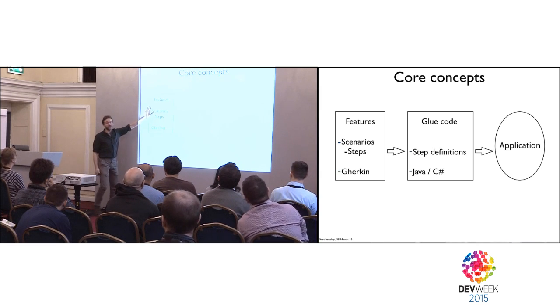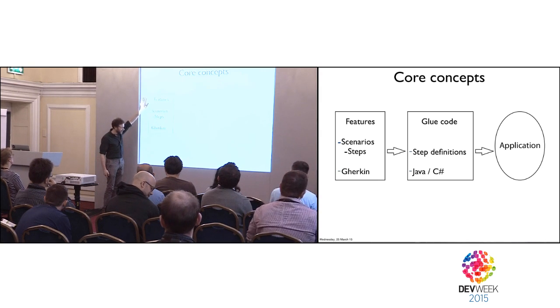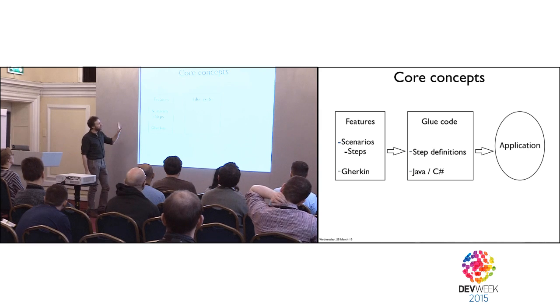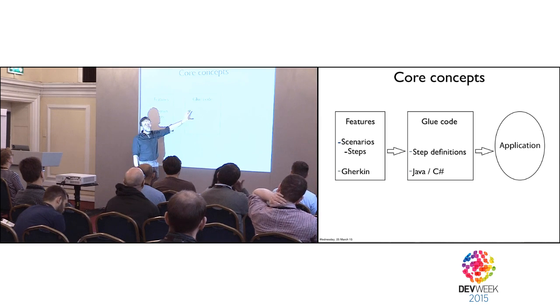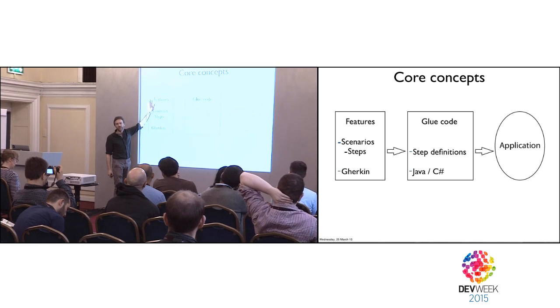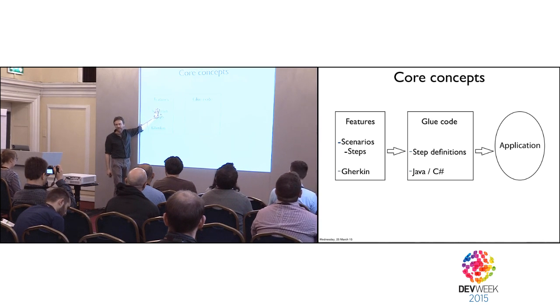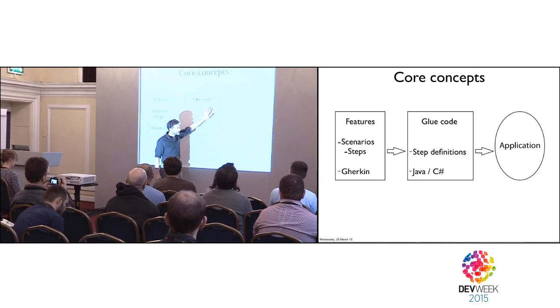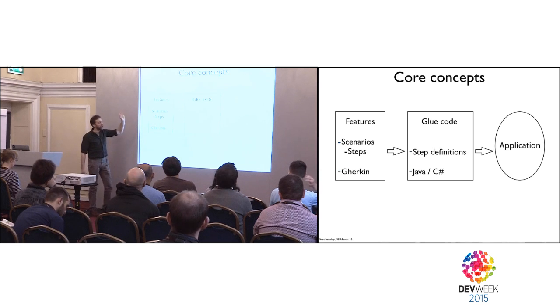So we have a feature file or feature files in this syntax called Gherkin. And then we need some glue code. So this is in English or Dutch or Swahili or lolcats, whatever language you want to write your business specifications in. And then you have to have something that will then turn it into a call to an application that you want to write. And we call this glue code.